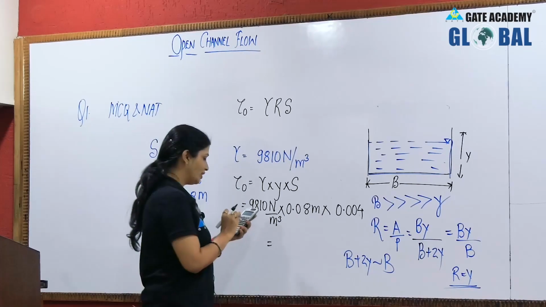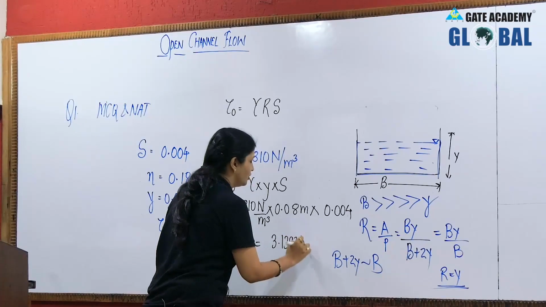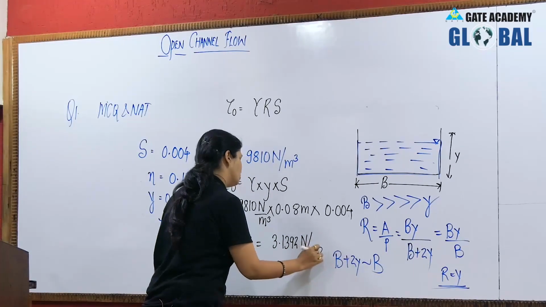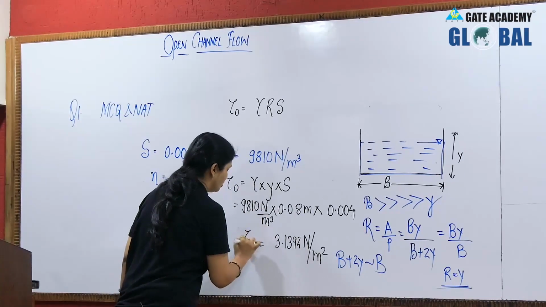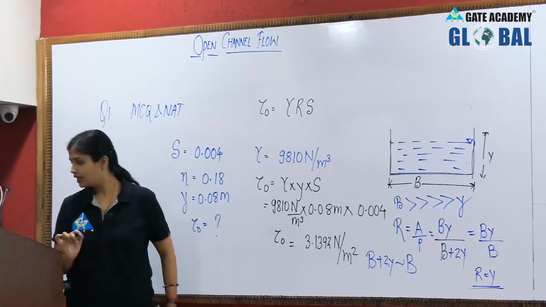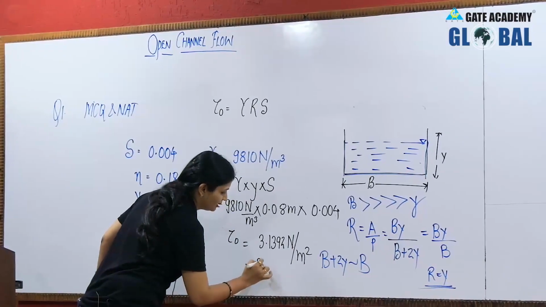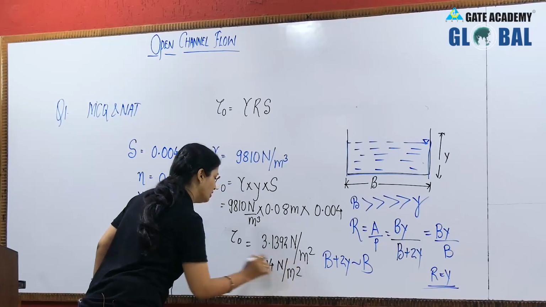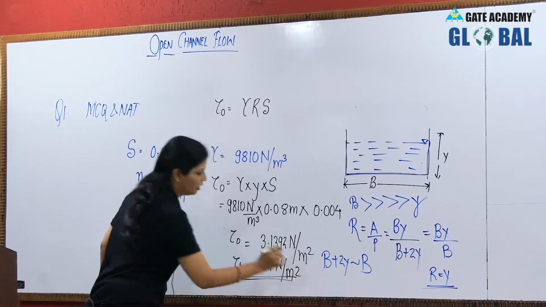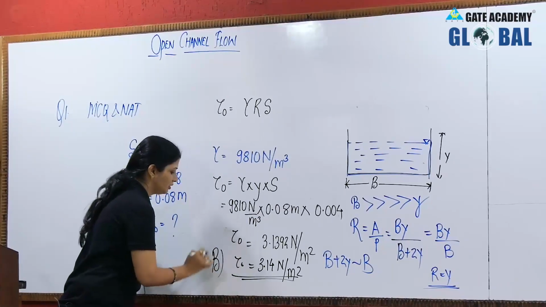So you got the value as 3.1392 Newton per meter square. You can write it as 3.14 also. So this is your tau naught. If I look at the options here, they have also rounded off to 2 decimal places, that is 3.14 Newton per meter square is your tau naught. Option B. So option B is your right answer.